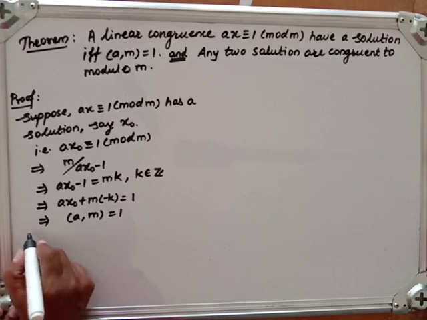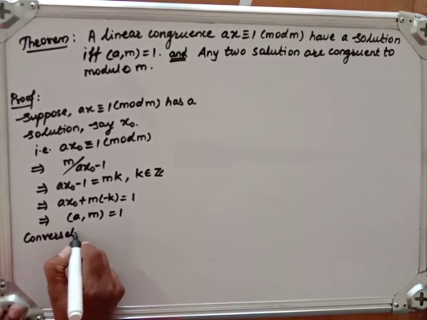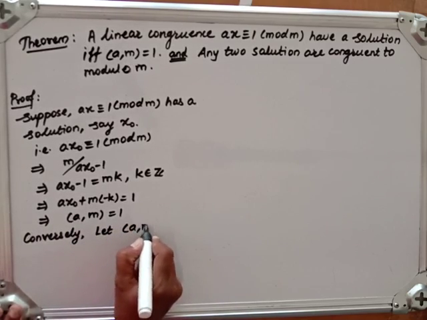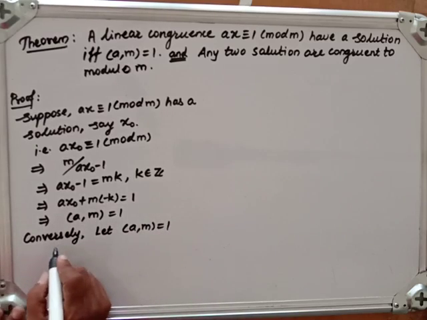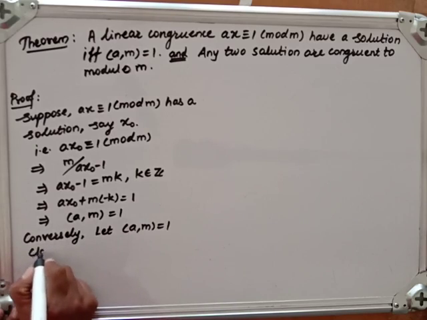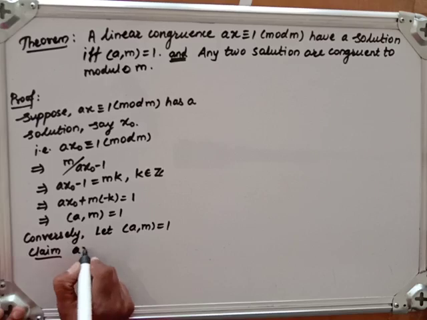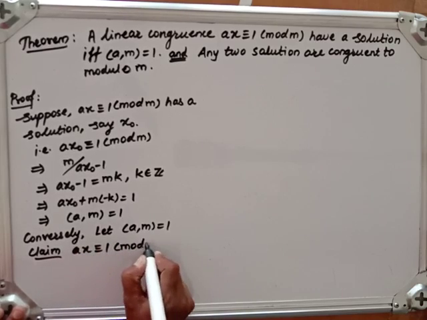Now conversely, the GCD of A and m is 1, which means they are relatively prime. Our claim is that we have to prove that Ax congruent to 1 modulo m has a solution.